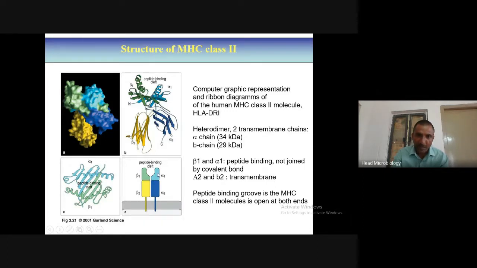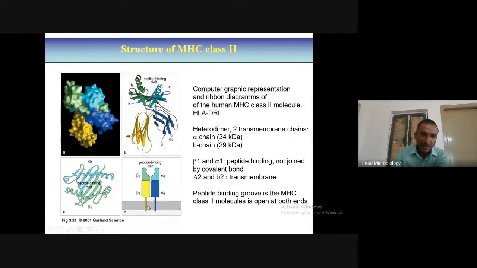Beta 1 and alpha 1 bind peptides, not joined by covalent binding, but A2 and B2 are transmembrane. These peptide binding grooves of major histocompatibility class 2 molecules are open at both ends.